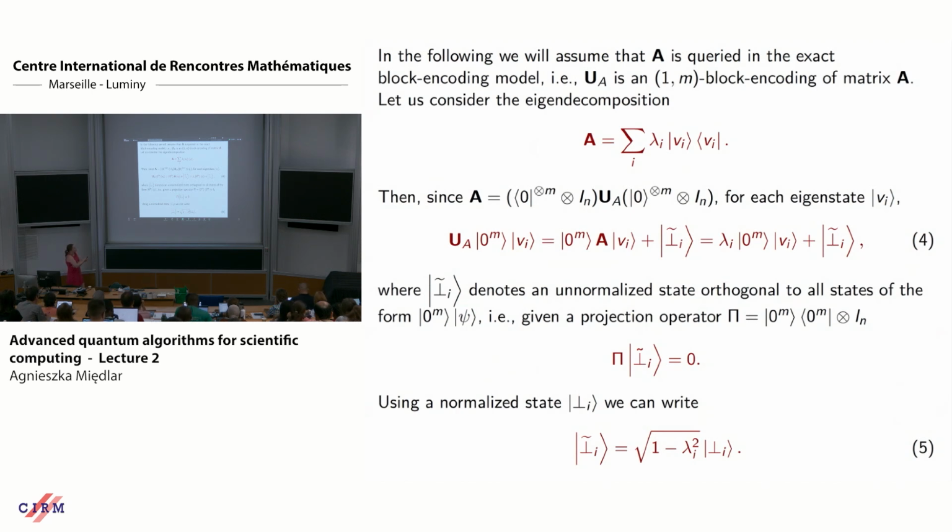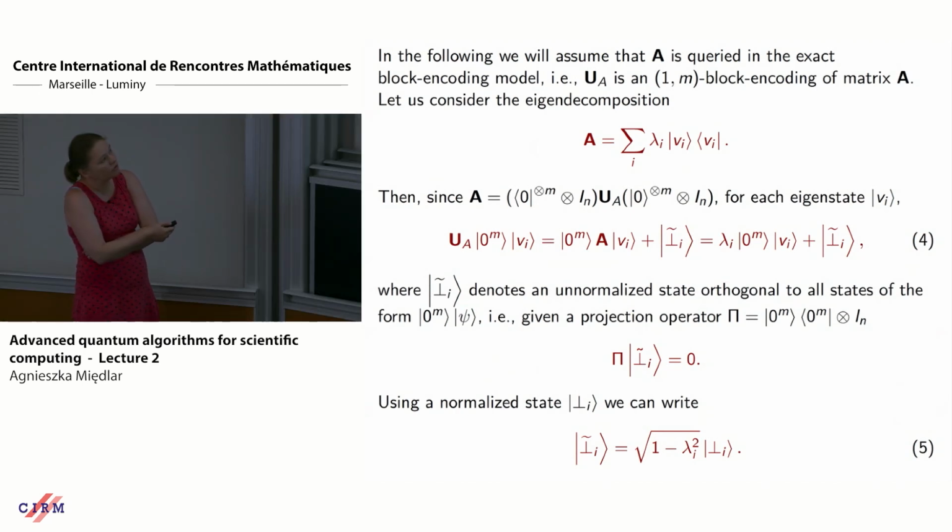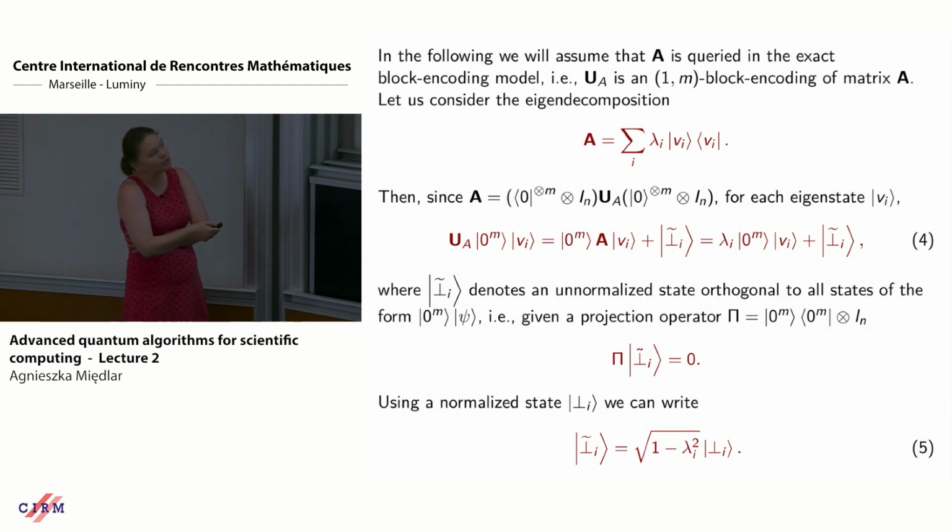So this is the same object, the same state, the Kronecker product of these two states. This is the lambda i, and this is just the unnormalized state. Meaning that if I apply this projector operator to this state, I will get 0 because it's orthogonal to that state. One can also normalize it, and that's very often how you will see it.